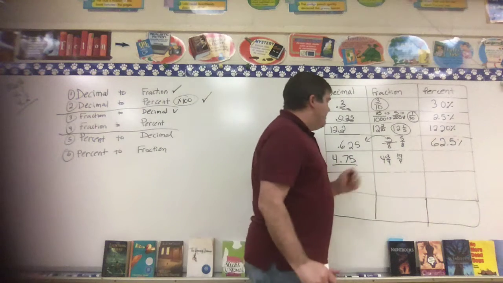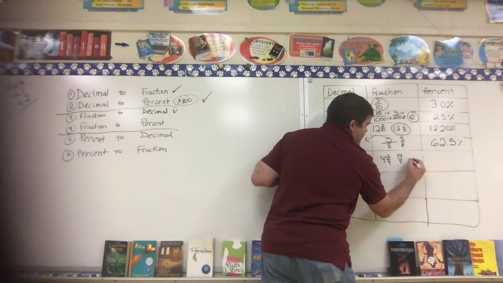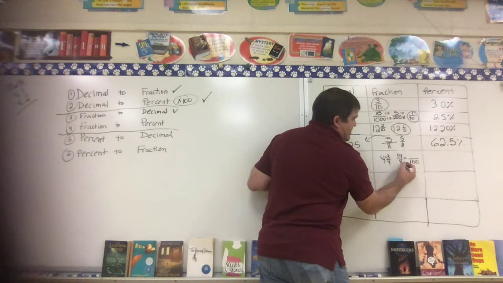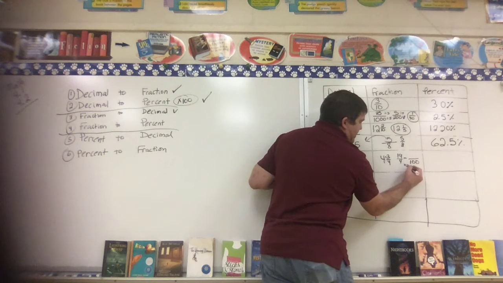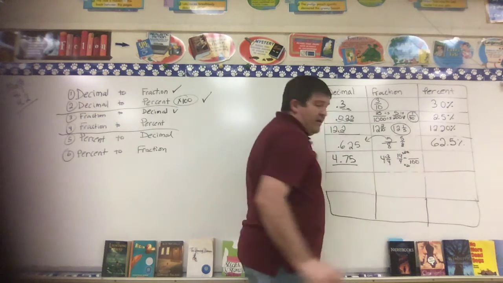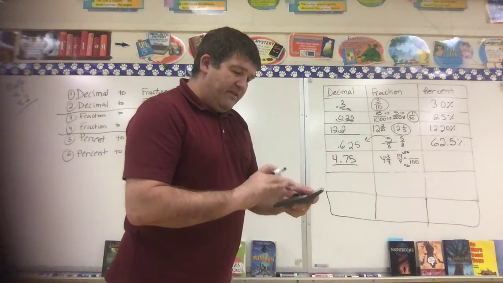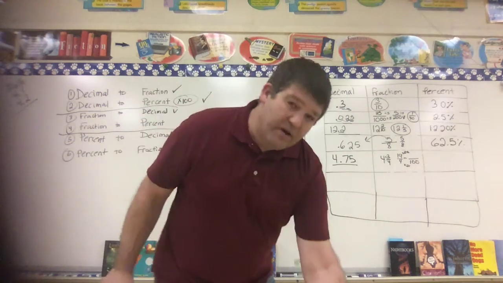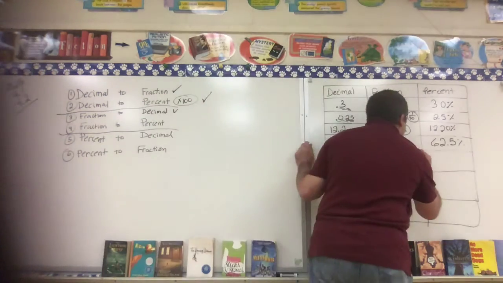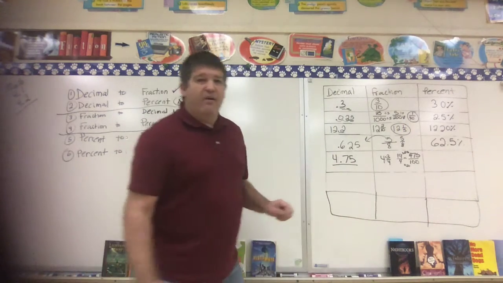Now this one does go into 100. So I can take 4 times 25, and then I take 19 times 25. And so let's see what 19 times 25 is. That's 475. 475 over 100.